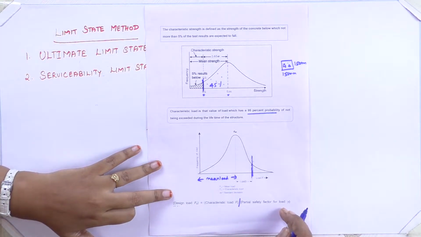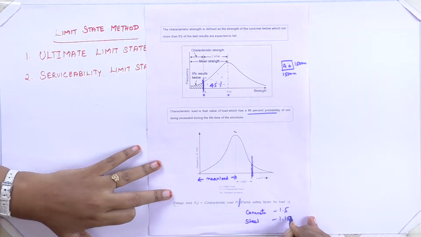The partial safety factor for the material is different. It may be concrete or steel. For concrete, it is around 1.5. Why? For steel it is around 1.15. You may ask why for concrete it is larger than for steel. Steel is manufactured under a controlled environment, whereas concrete has so many materials mixed in it.